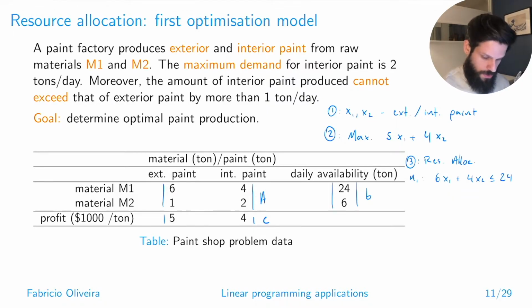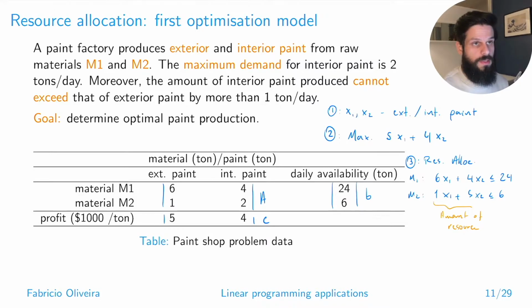For resource M2 it is exactly the same: I have 1x1 plus 5x2 less or equal than 6. That's the availability. This is the amount of resource I use, given that I'm making exterior paints and interior paints.